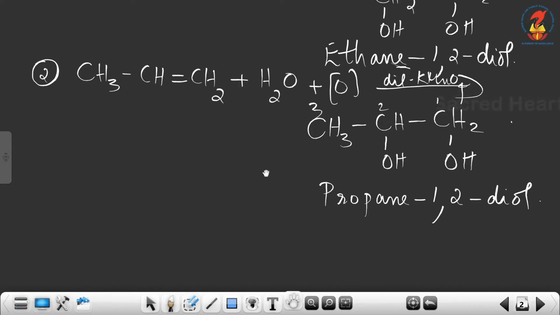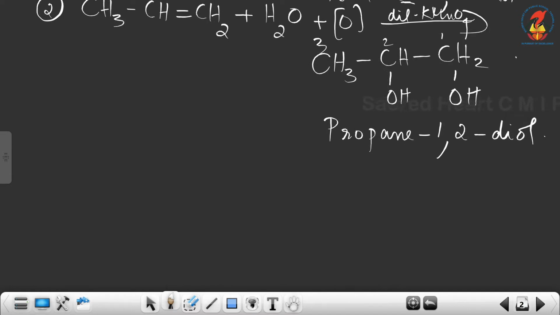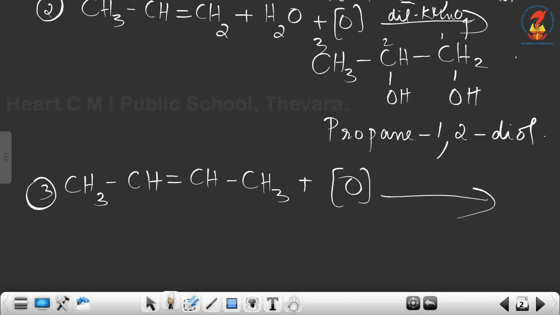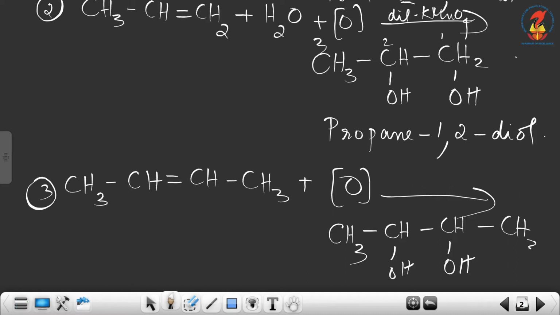Now one more example, the third example. CH3 CH double bond CH CH3 plus O. Suppose you see this, what is the meaning of this O? It is oxidation of this butene. The product will be CH3 CHOH CHOH CH3.